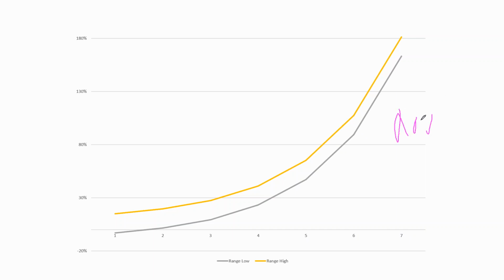ROI, return on investment, is equal to the amount of profit we make over the amount of money invested. Every month, the profit goes and reduces our investment. In other words, we keep having the numerator go up and the denominator go down. It creates an exponential gain in our portfolio.